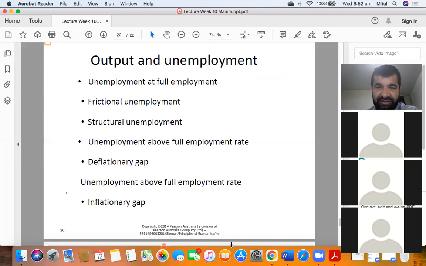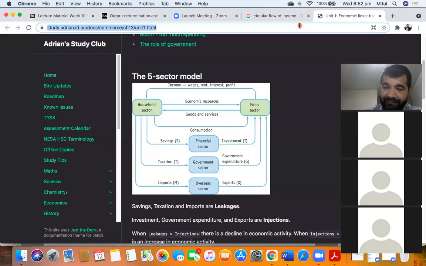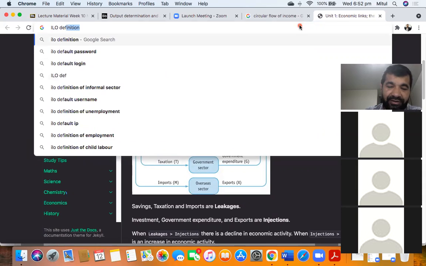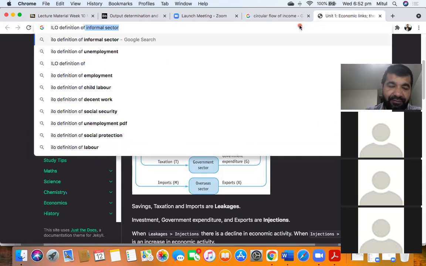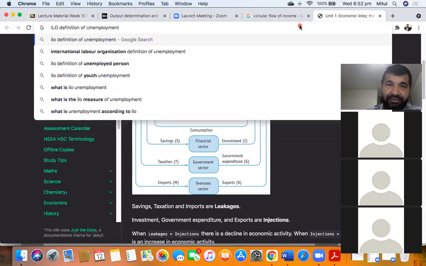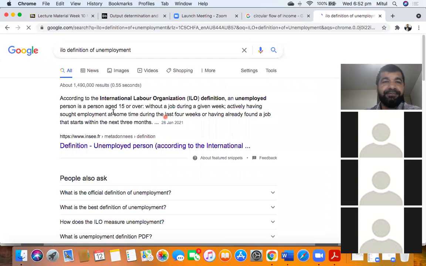Let me check the correct definition. I think it's 2 weeks or 4 weeks. Let me check it. The ILO definition of unemployment: an unemployed person is a person aged 15 or over without a job during a given week, actively seeking employment at some time during the last 4 weeks.